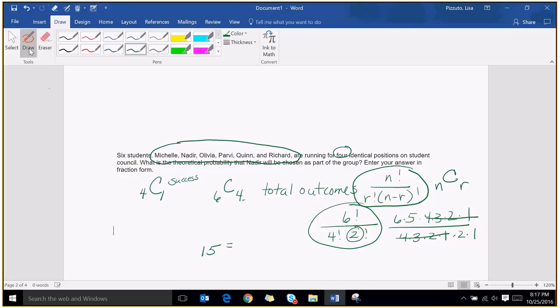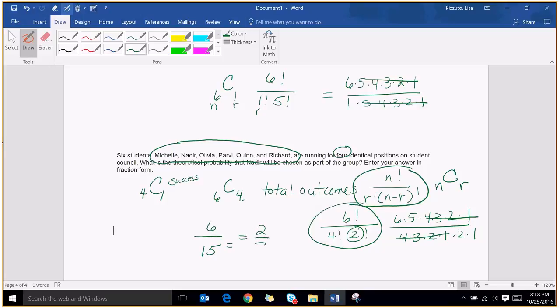And how would I write it out to show my work? 6 factorial over 1 factorial 5 factorial, because this is r, and r is 1, and this is n minus r. So that's 6 times 5 times 4 times 3 times 2 times 1 over 1 times 5 times 4 times 3 times 2 times 1. So this answer is 6 over 15, which is 2/3. That's where they're getting the 2/3.